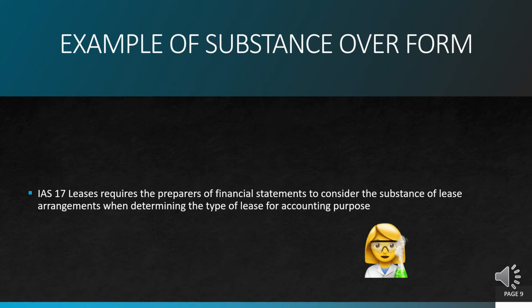Such a lease may in substance be considered a finance lease if the lease term is substantially the entire useful life of the asset, or the lease agreement entitles the lessee to purchase the asset at the end of the lease term at a very nominal price, and it is very likely that such an option will be exercised by the lessee in the given circumstances.